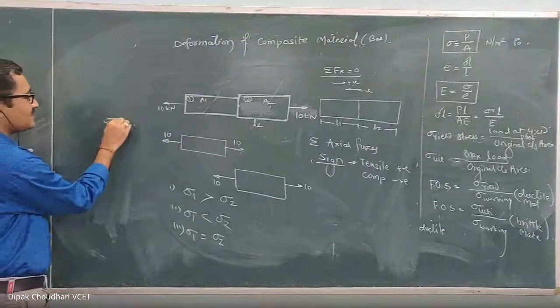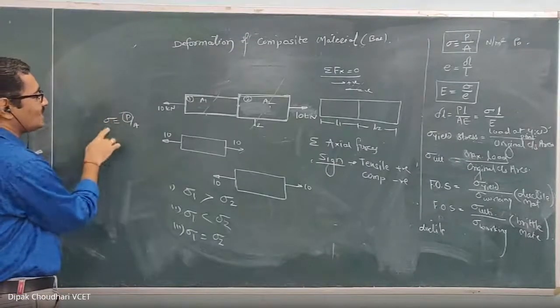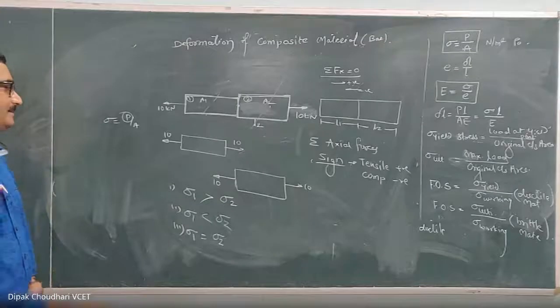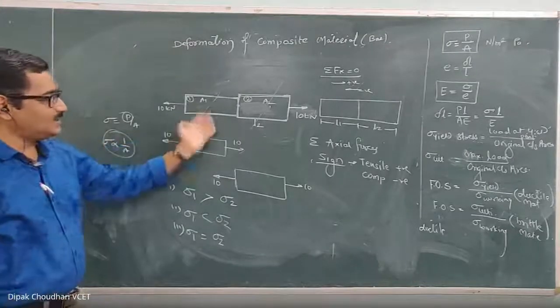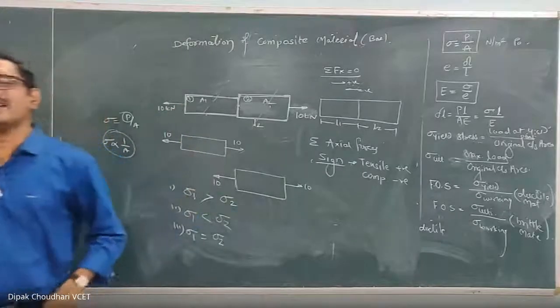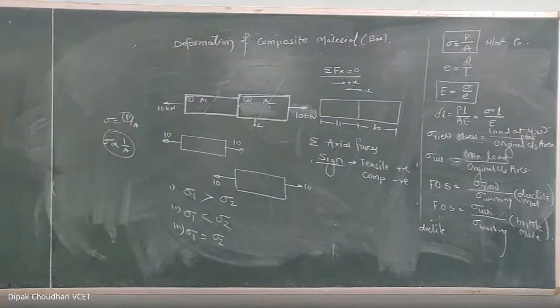Just now I told you that stress equals P upon A. If P is constant, the stress is inversely proportional to A. Now, by using this concept, in both parts the axial forces are the same. Tell me, in which part will the maximum stress be induced? Unmute yourself and tell me the answer.